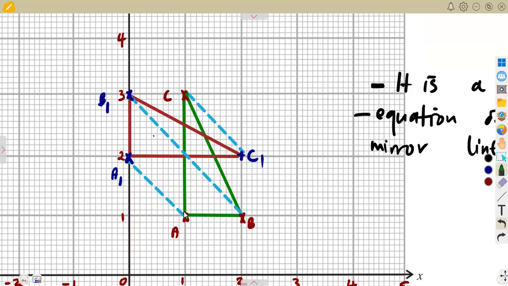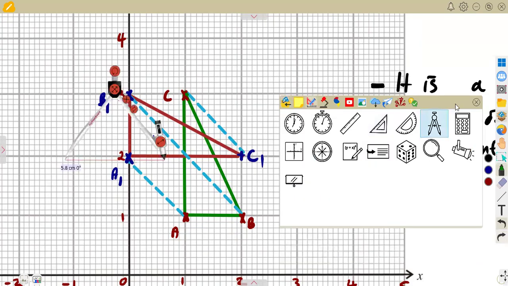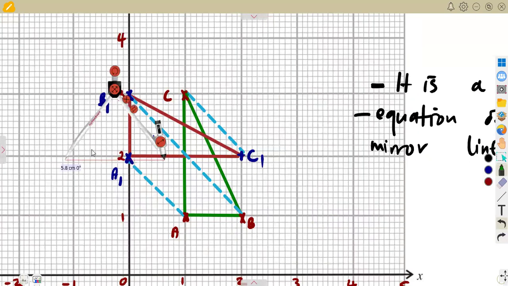Okay, so I'm going to take A to A1 and bisect this line. The combination that you choose, it is going to pass through the same point as someone who chose a different combination. The bisectors will pass through the same point. So let's say we choose to bisect A to A1.